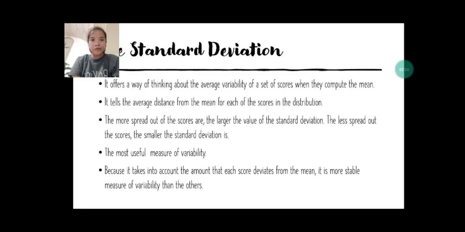Third, the more spread out the scores are, the larger the value of the standard deviation. The less spread out the scores, the smaller the standard deviation is. It is the most useful measure of variability because it takes into account the amount that each score deviates from the mean. It is a more stable measure of variability than the others.